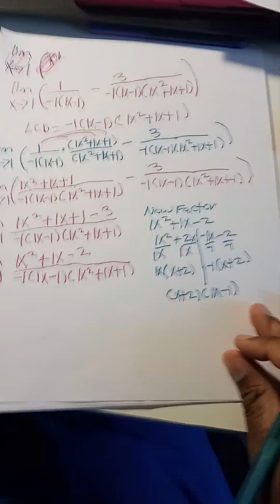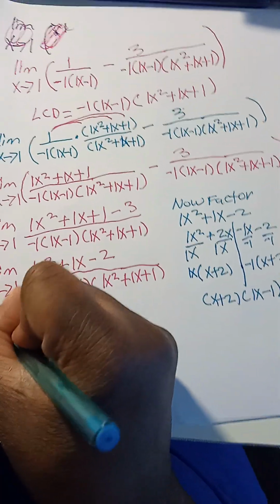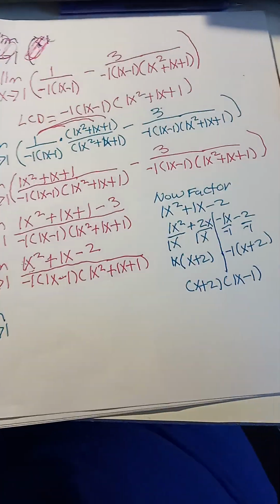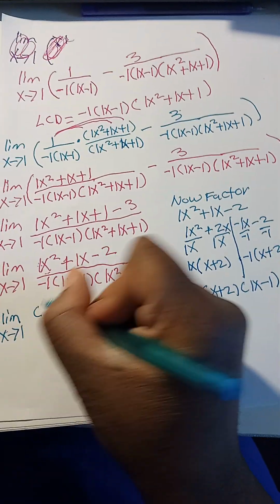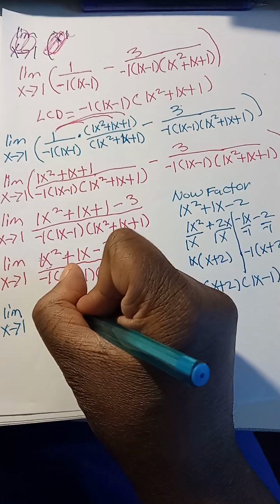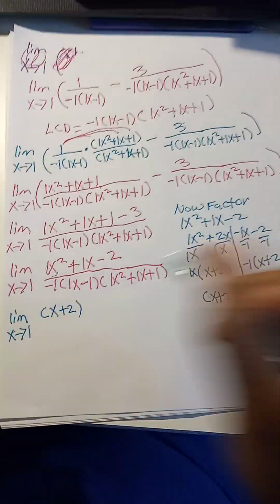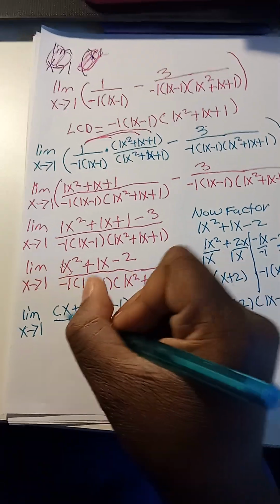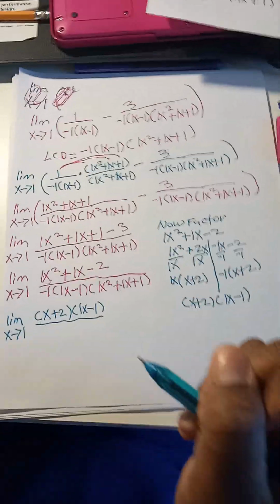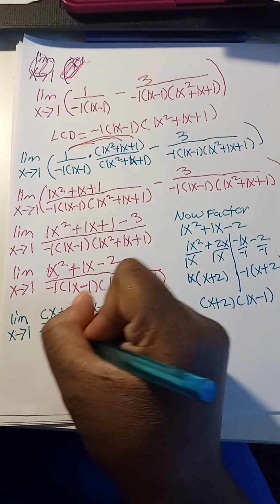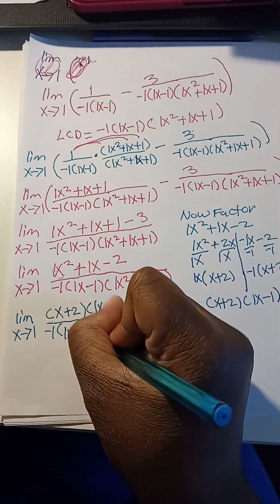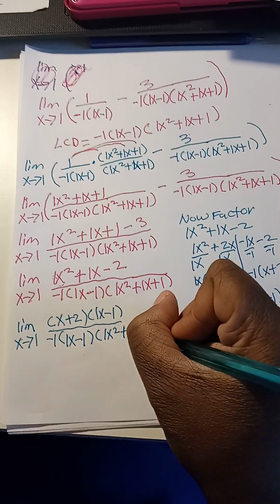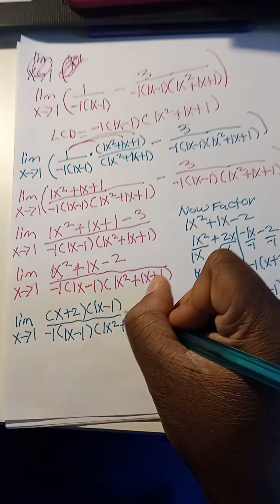And now we can put this together. So the limit as x goes to 1 of, now we can rewrite the numerator because we just factored it, as x plus 2 times 1x minus 1, all divided by negative 1 times 1x minus 1 times 1x squared plus 1x plus 1.